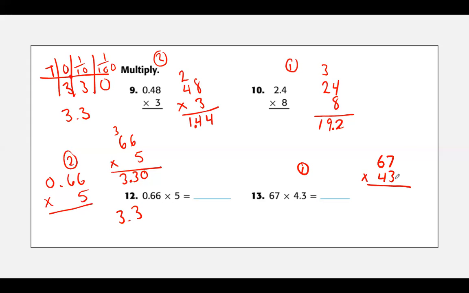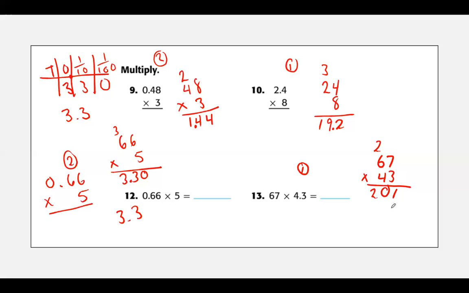Now, 3 times 7 is 21. 3 times 6, what's 3 times 6? 18 plus 2 is 20.